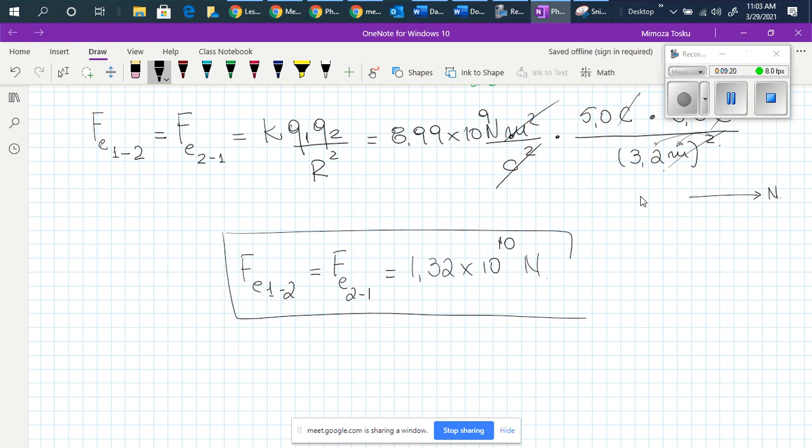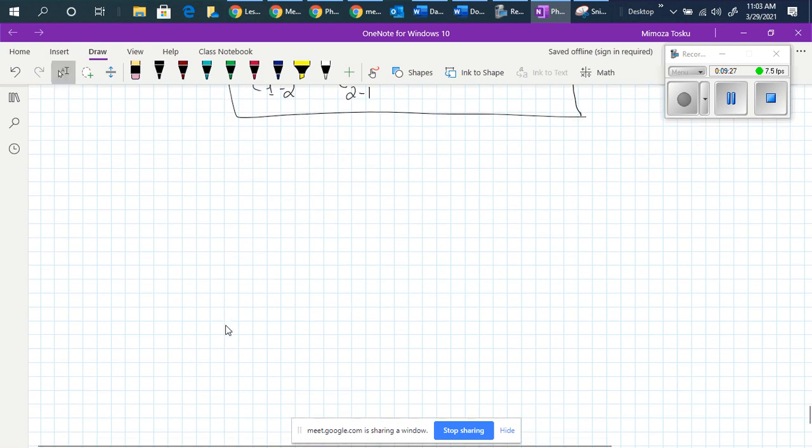Now let's suppose that we have two charges that are of the same nature. So example 2.